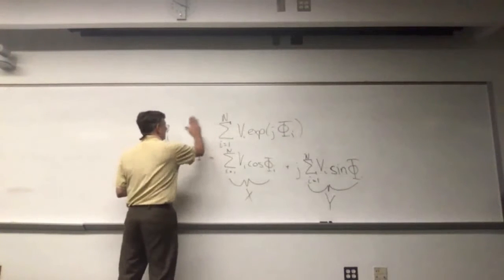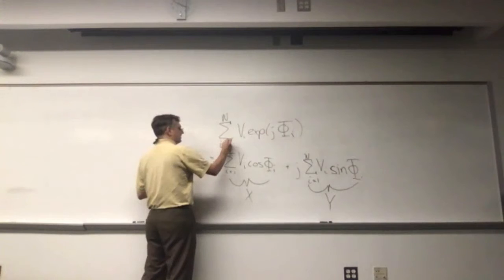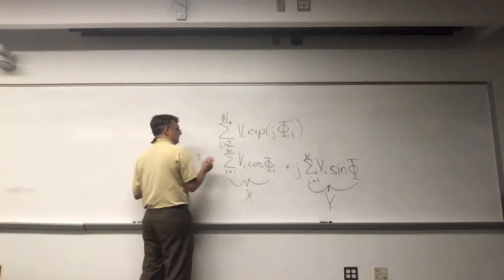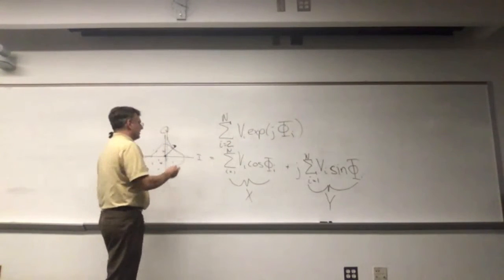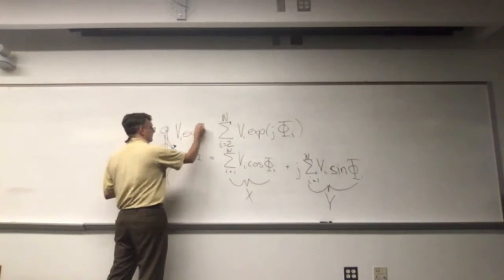So what I mean is, let's say that I had a bunch of little waves, as I always do in multipath propagation, but there was one big wave.